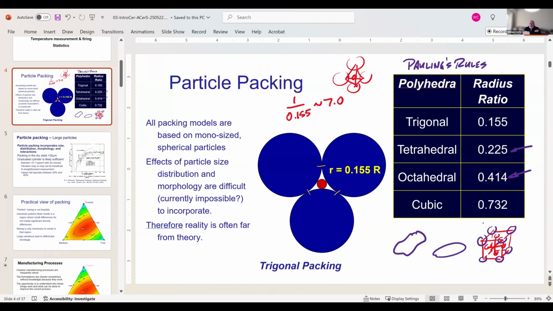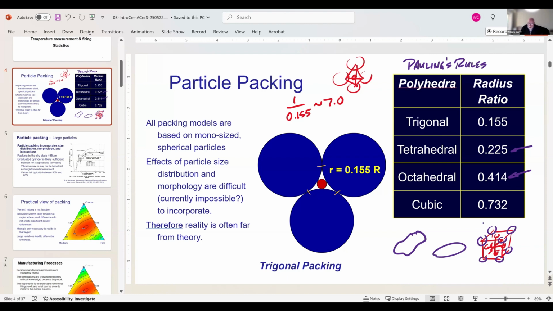So if I took two powders where one was a quarter the size of the other, so my radius ratio was 4 to 1, and I blend them together, I get no improvement of packing. And it's because I just don't get those perfect packing spaces, okay?